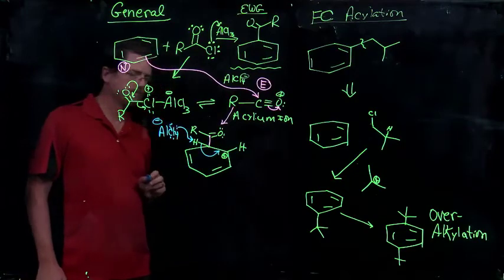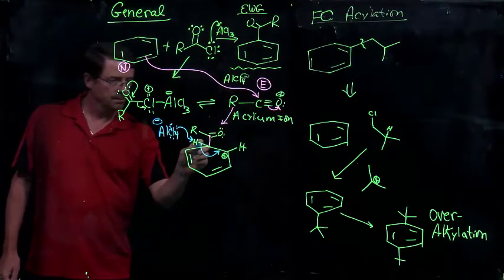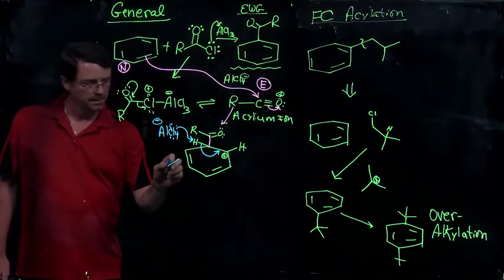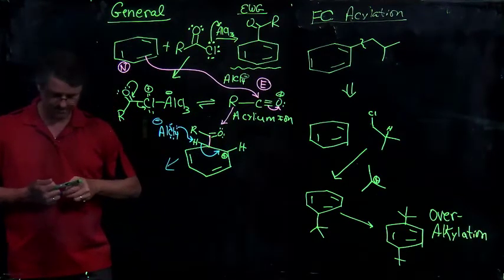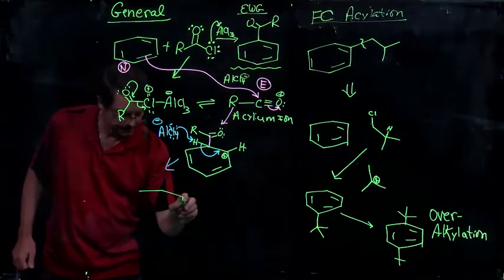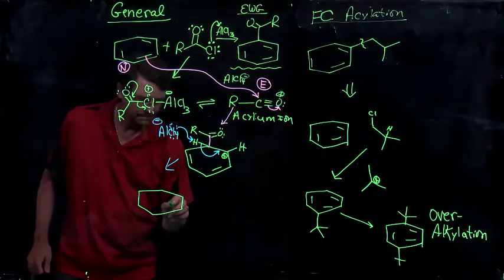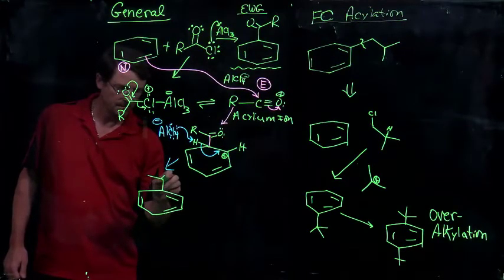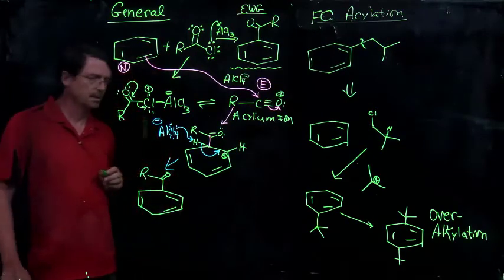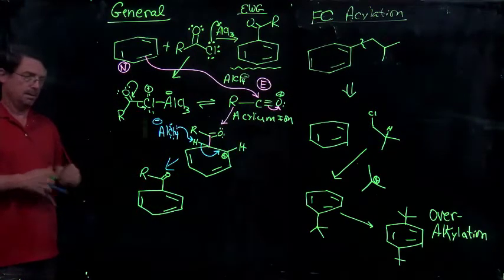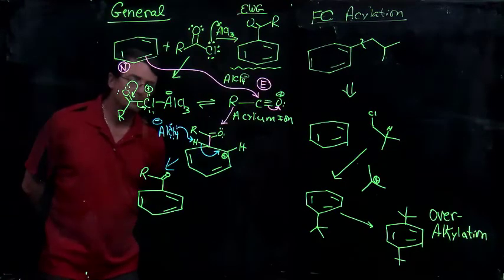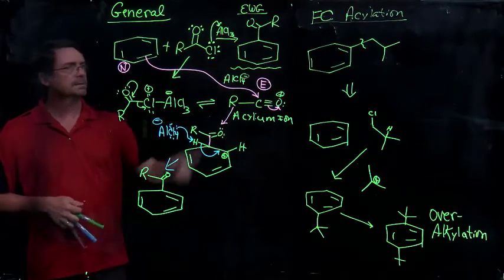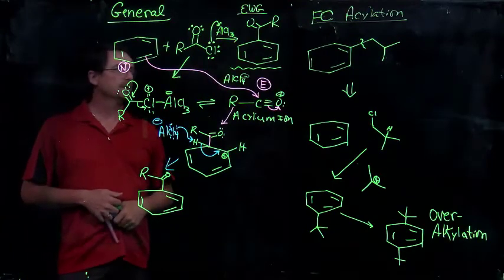And then the carbon-hydrogen pair of electrons come down here, and this then gives us the Friedel-Crafts acylation product.